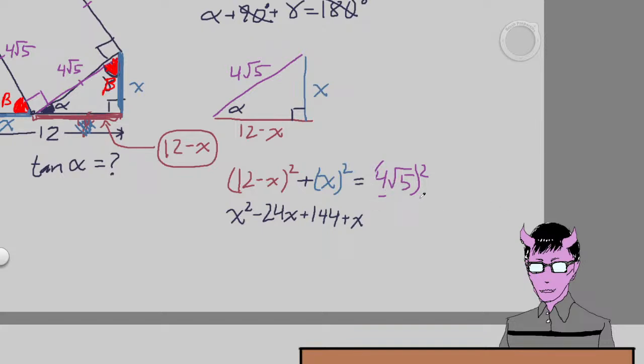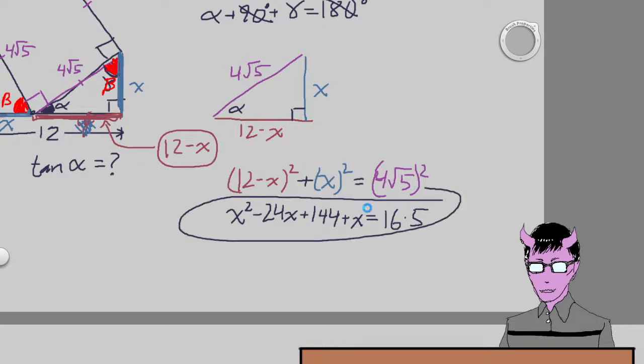Why am I mixed up today? Okay. So again, we're not taking the square root of this one because that one is actually a value. We're not trying to solve for a letter inside here. So by the power property of exponents, we're going to get 16 times 5. Because this ends up being quadratic, we don't need to do that nonsense.